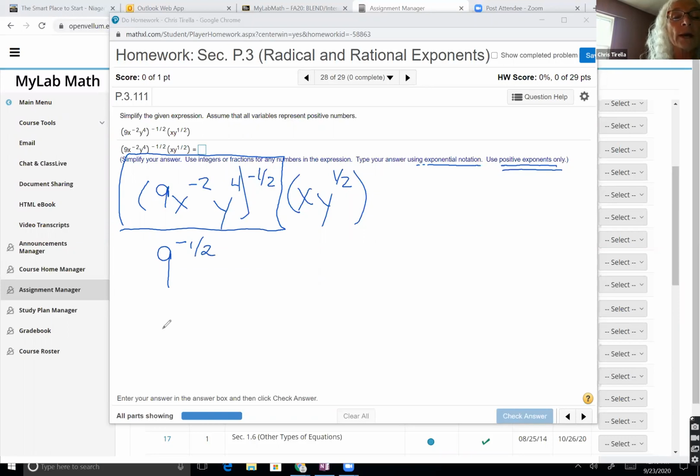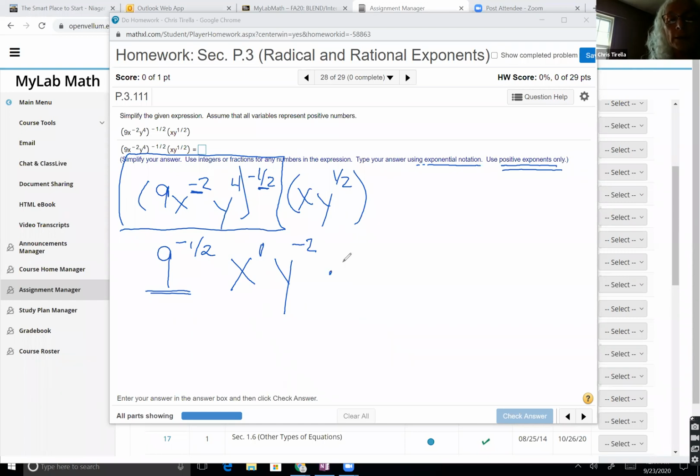So that gives me 9 to the negative 1/2, and we'll deal with that in a couple minutes. But over here, do you remember when I raise a power to a power, I multiply exponents? When I take negative 2 times negative 1/2, I get positive 1. And here with the y, when I take 4 times negative 1/2, I get negative 2.